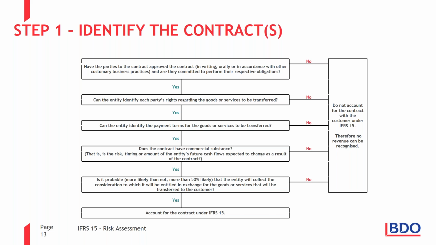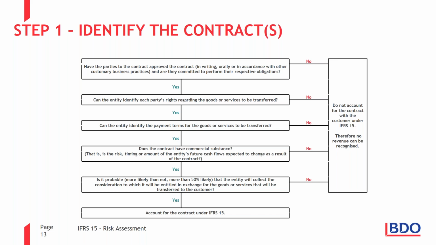If you don't have a contract, you'll see if you answer no at any stage there, you don't have a contract with a customer under IFRS 15. You might have a legal contract for other purposes, but for the purposes of IFRS 15, you do not have a contract, and therefore no revenue can be recognized, so you don't progress to step 2.